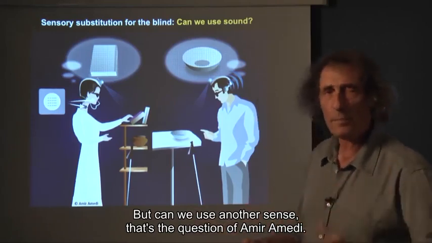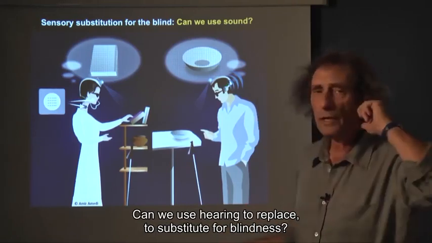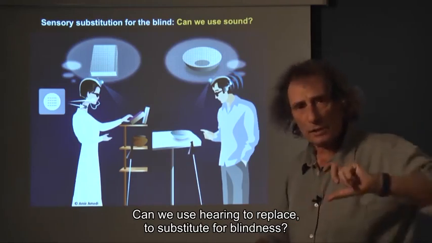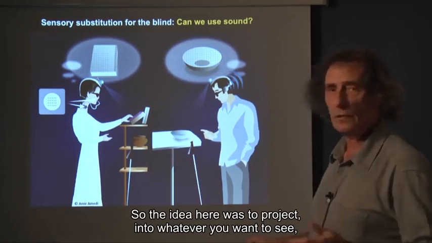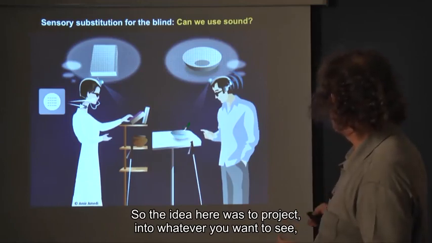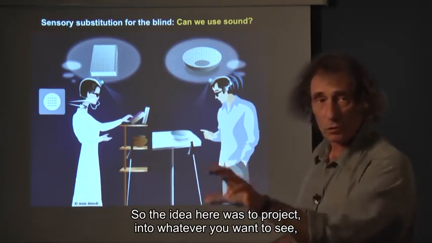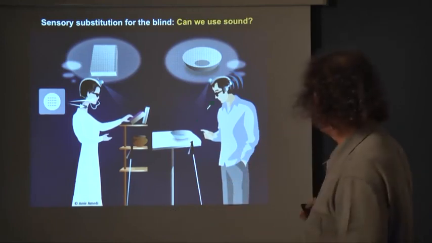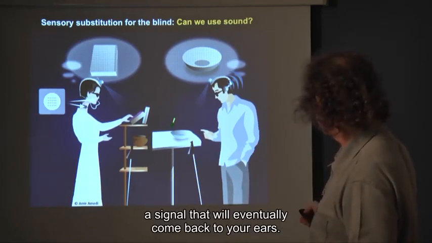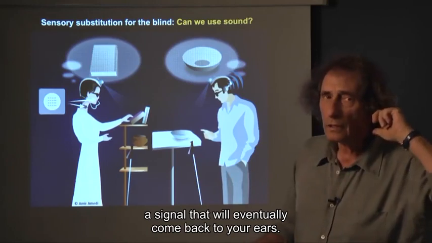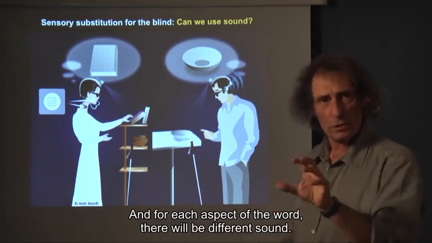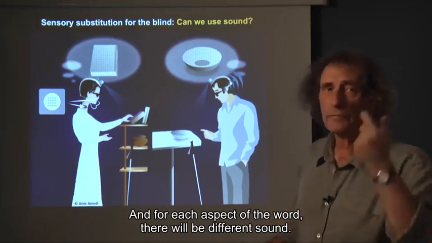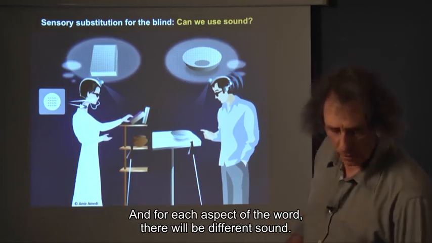That's the question of Amir Amedi. Can we use hearing to substitute for blindness? So the idea here was to project into whatever you want to see a signal that will eventually come back to your ears, and for each aspect of the world there will be a different sound.